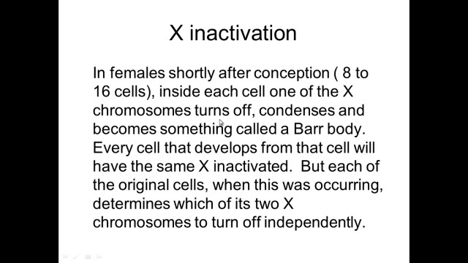What happens is one of the 2 X chromosomes that you have condenses and becomes something called a bar body. It becomes inactivated. However, it's not always the same X chromosome in each of those cells that gets turned off. Sometimes it's mom's X chromosome, sometimes it's dad's.